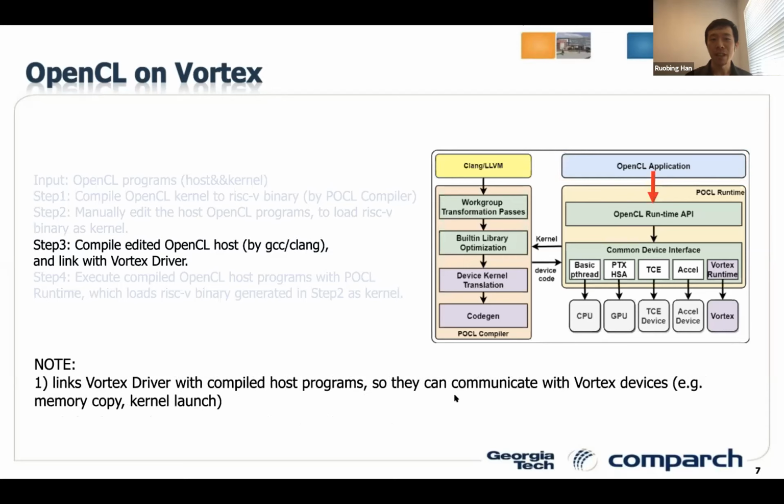Then after that, we just compile the edited OpenCL host code and link it with the Vortex driver. One thing to be noticed is that in this step, we will just compile the programs executed on the host side. In other words, we do not need to rely on any POCL compiler. We can just use the default system compilers, like Clang or C++.